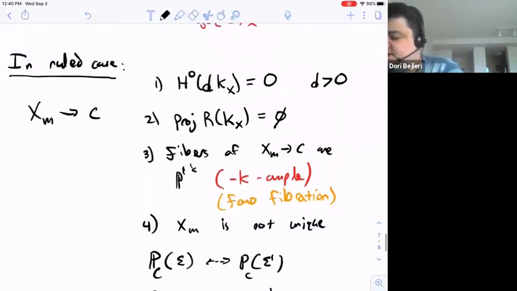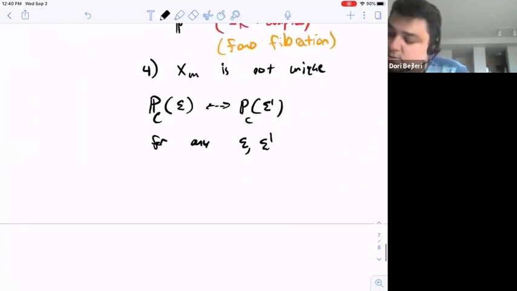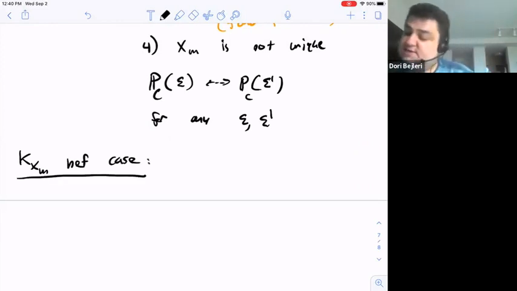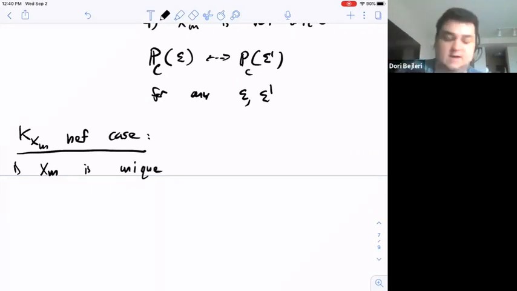Then we have this other case, which is where the canonical bundle is Nef. So in this case, it turns out the first observation is that XM is unique, or the first important fact.